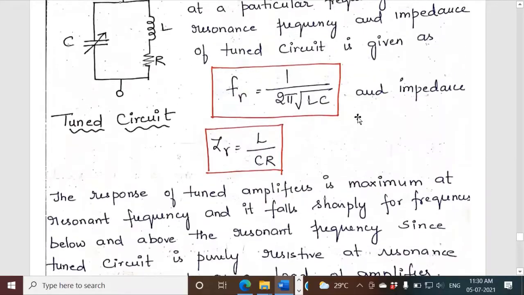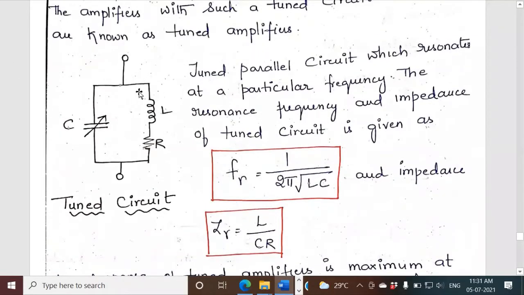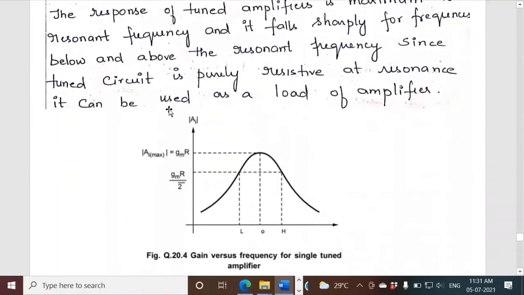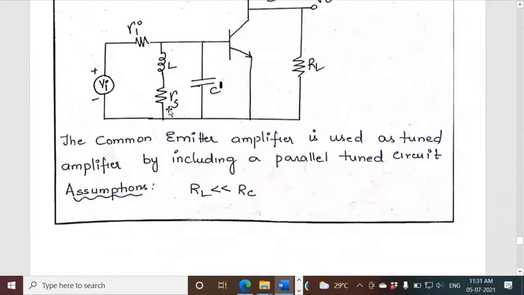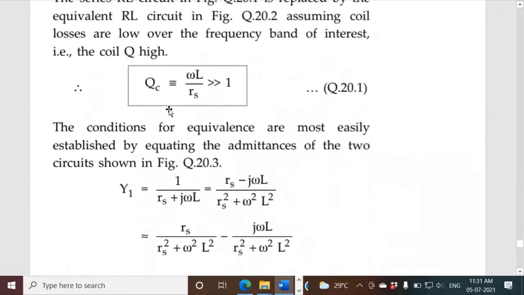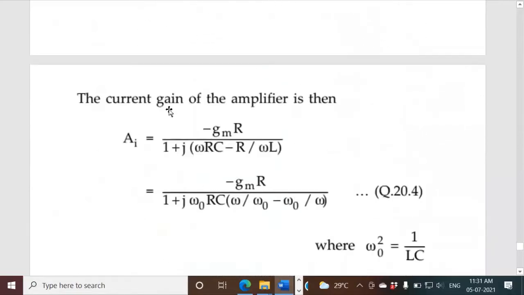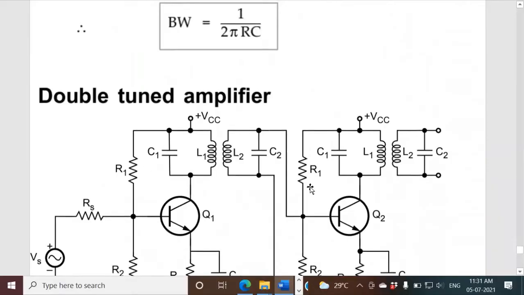Now because of that particular resonance property provided by this network, in place of the load resistor usually we connect this combination of inductor and capacitor here.